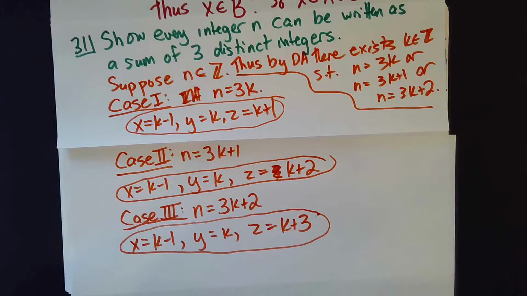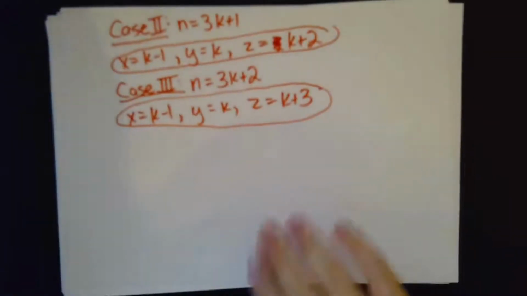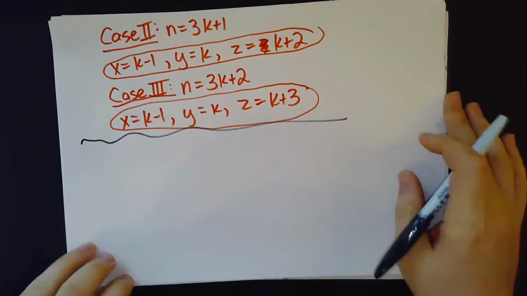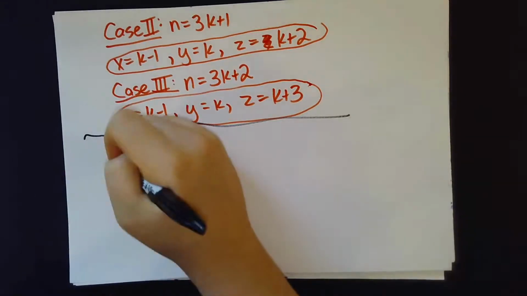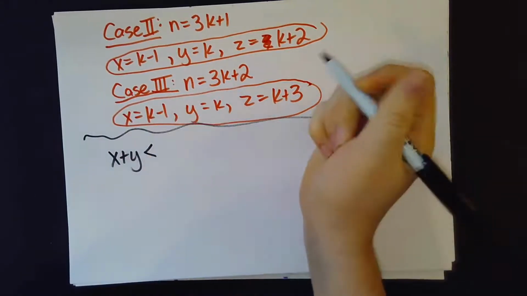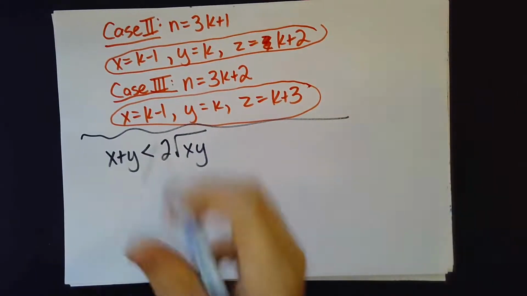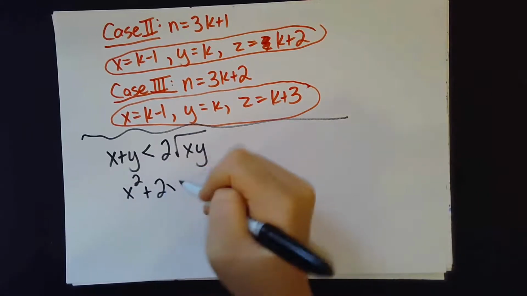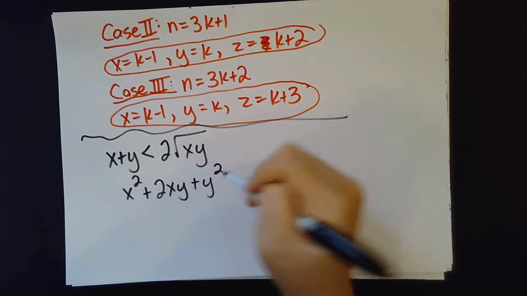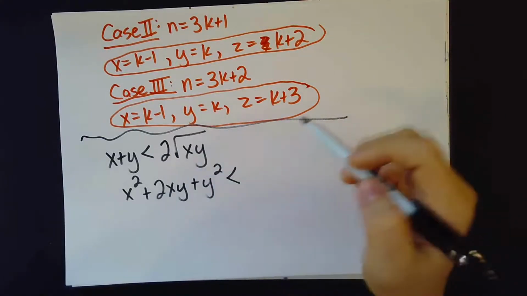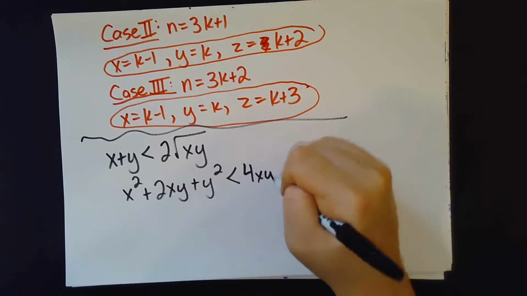45. Okay, so let's write down some scratch work for 45. If I square both sides, I get x squared plus 2xy plus y squared is less than 4xy.